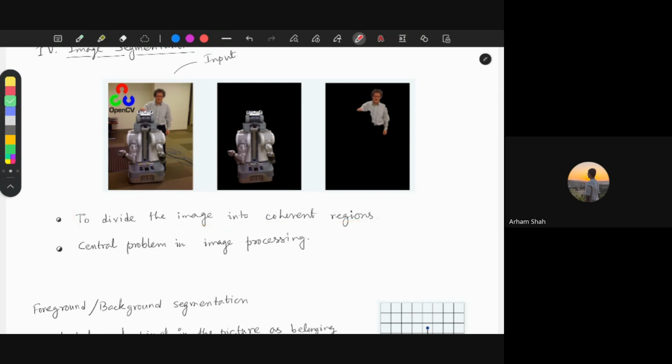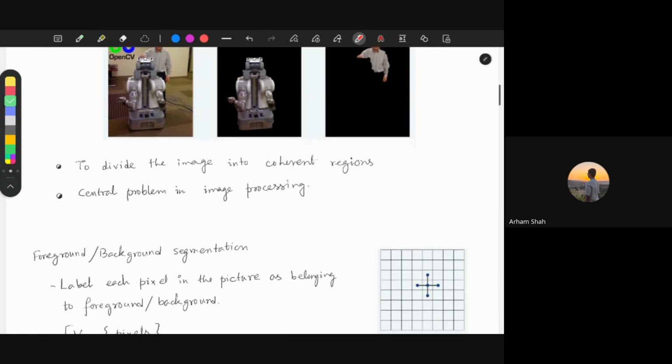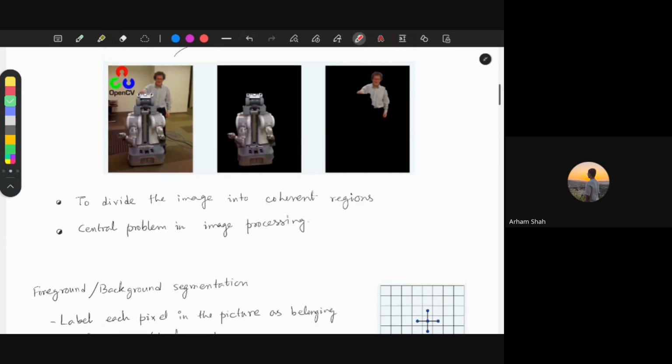If you know the term coherent, that means the regions that are consistent actually. This is one of the central problems in vision. Maybe when you use Adobe Photoshop or Google Photos, you can easily do this.